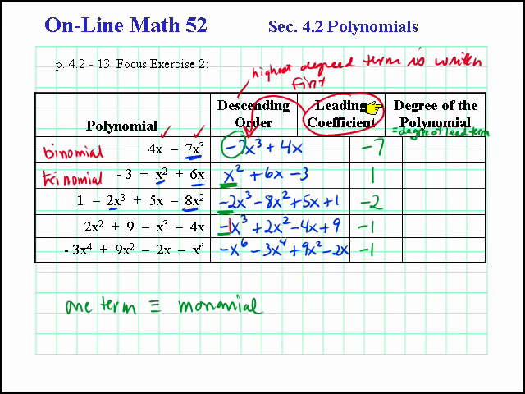Factors means multiplication. So if I took this second example right here and I wrote it out, it would be something like this. X times x plus 6 times x and then minus 3. And notice here that there are two variable factors in the x's. But because we have a plus sign, this variable here is not associated with those.